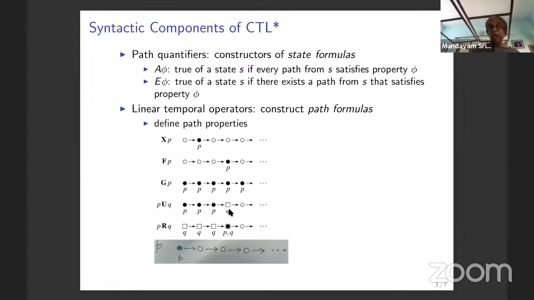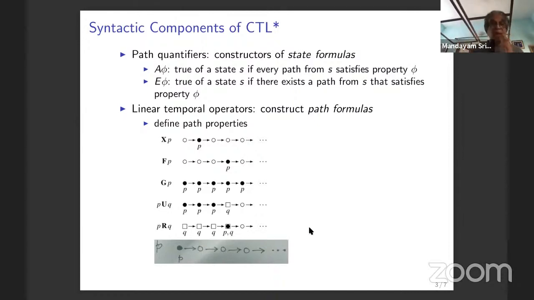The until operator says Q must eventually hold at some point, and P should hold all the way up to the predecessor state at which Q will hold. Whereas P releases Q is true of any path as long as Q is true up to the point when P becomes true, after which you don't care whether Q is true or not.